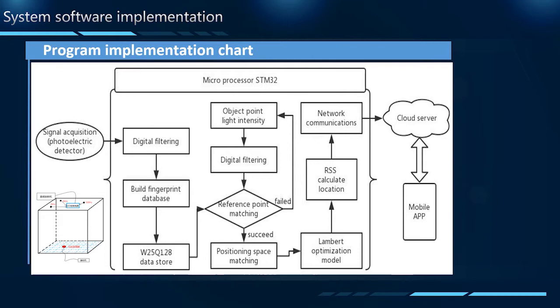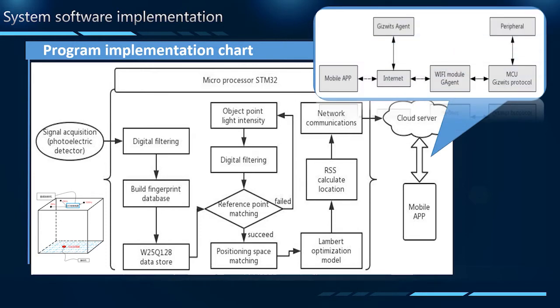Then it will convert to digital signal, and after digital filtering, the system will build up a fingerprint database and store in memory unit. Then, we are running the optimization location algorithm program. The location of the object is obtained.